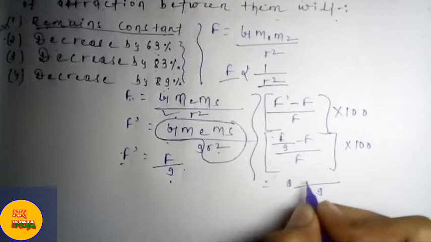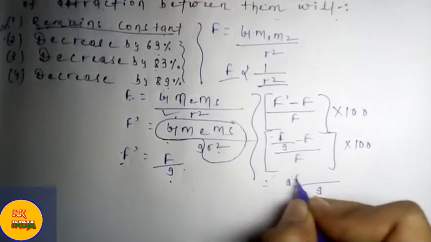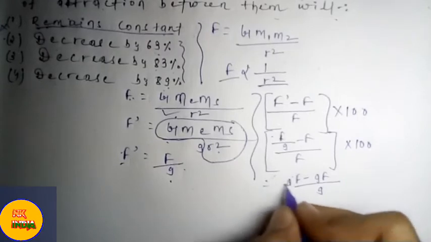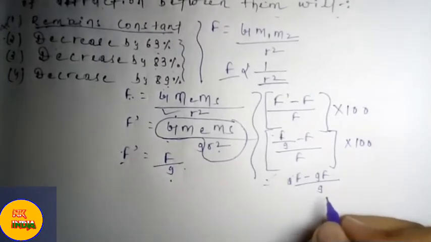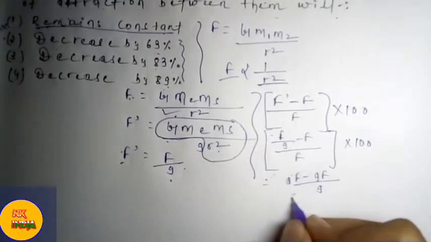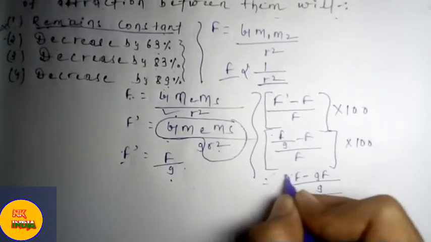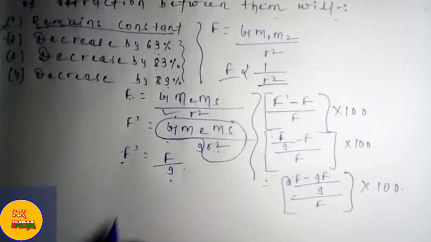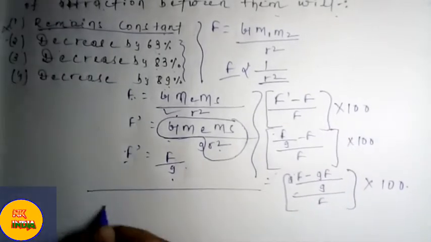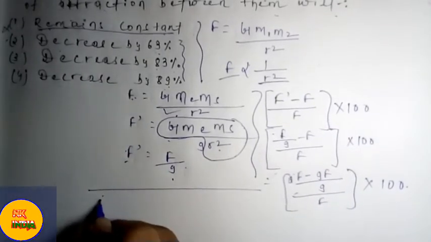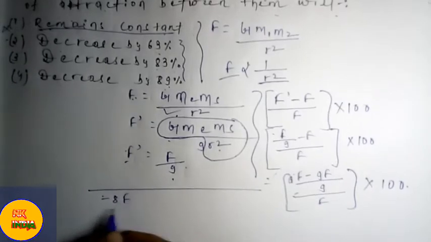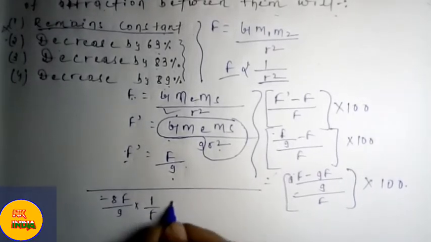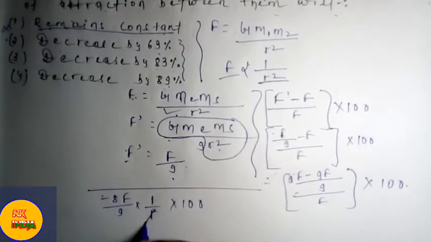LCM will be equal to 9, and F minus 9F by F into 100. Now we will calculate here: minus 8F by 9 into 1 by F into 100.